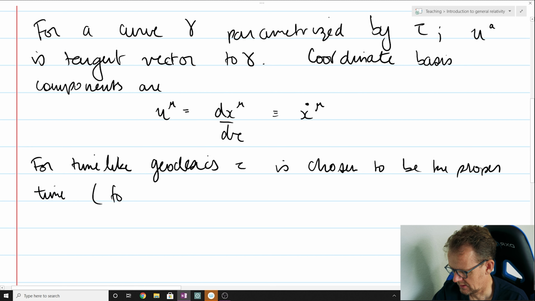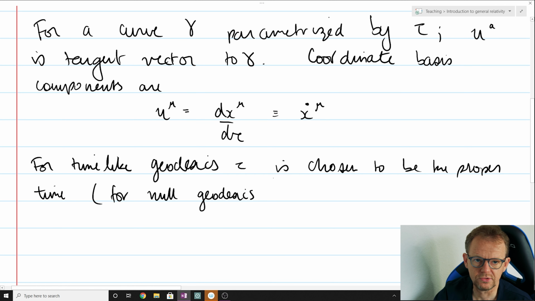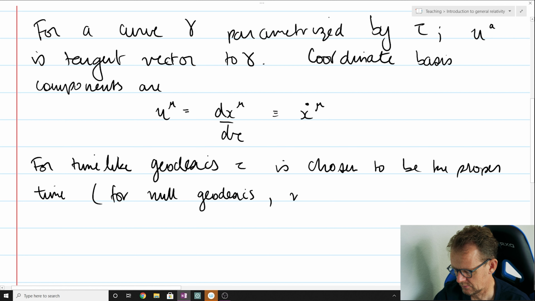In the case where we consider null geodesics, light rays, we can no longer choose tau to be the proper time. It doesn't make any sense. We're going to choose it to be the affine parameter, which is defined as follows.